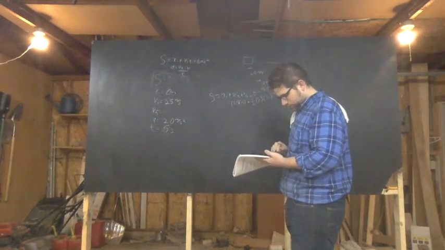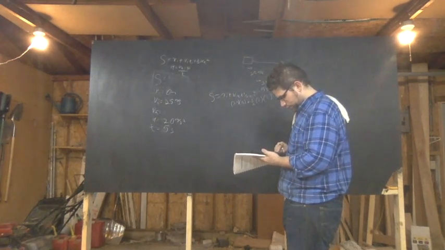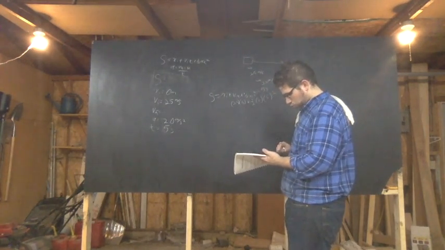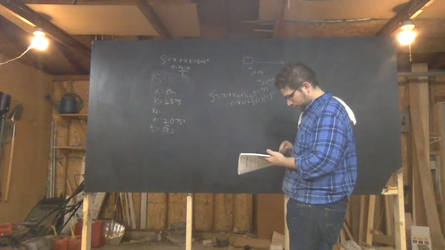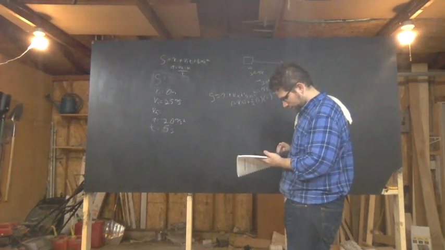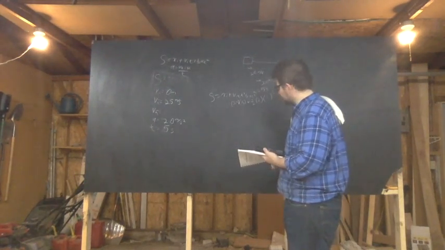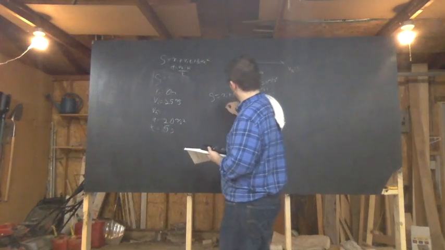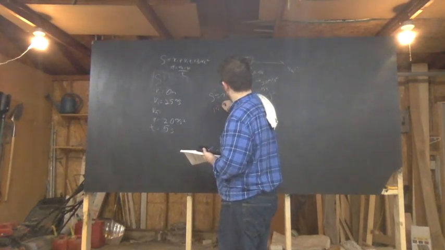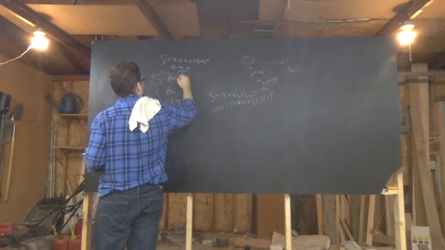So it's going to be 25 times 5 plus 0.5 times 2 times 5 squared. That's going to be 150. So our S1 is 150 meters.